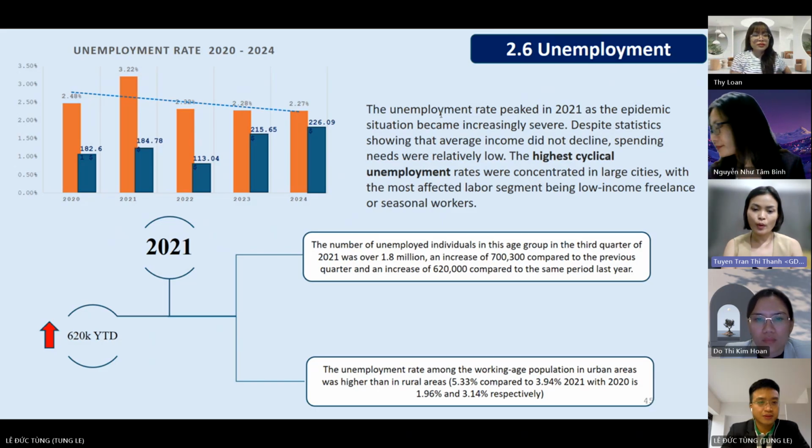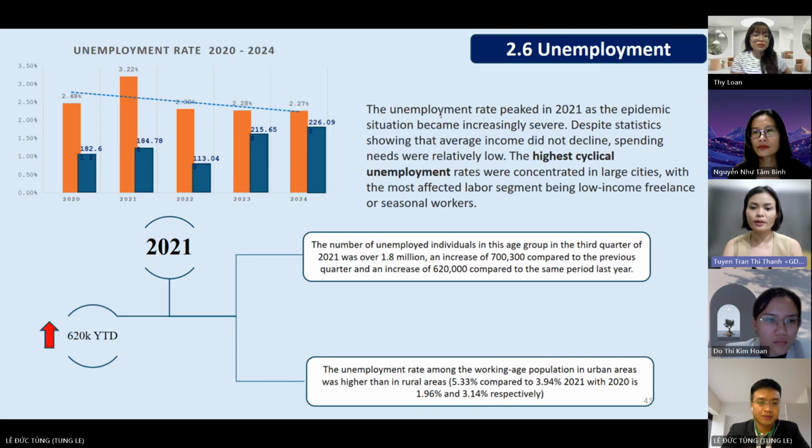And when we look closer into 2021, the year with a high peak of unemployment rate, we can see that the number of unemployed individuals in this age group in the third quarter of 2022 was over 1.8 million, an increase of 700,300 compared to the previous quarter, and an increase of 620,000 compared to the same period last year.